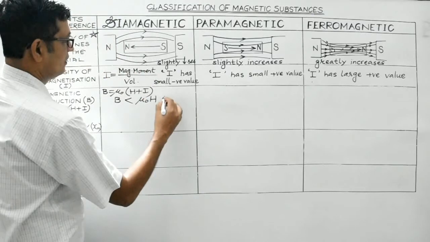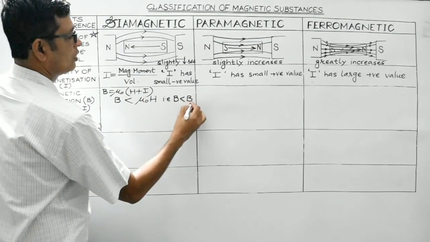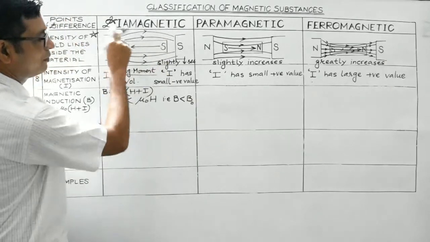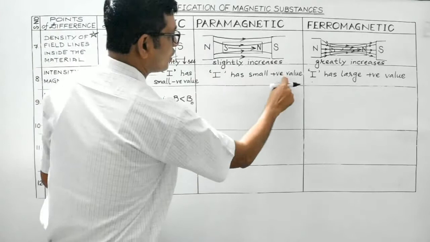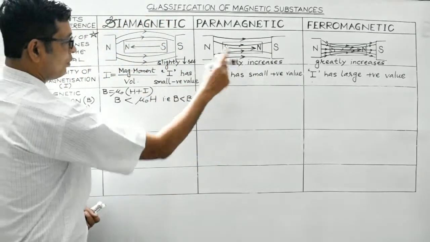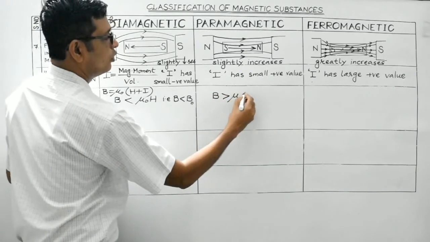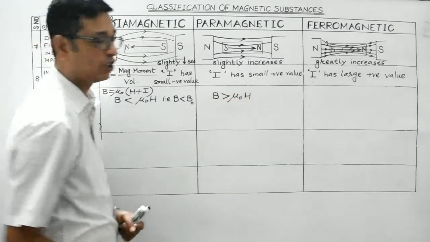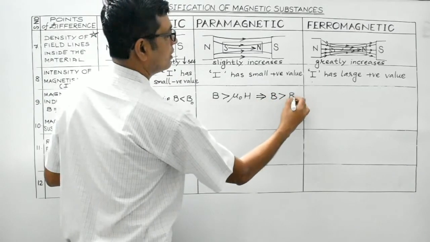That is, B is slightly less than B naught. So that is what this diagram suggests, right? Over here, I has got small positive value. So here obviously B would be greater than mu naught H. Mu naught H is B naught, therefore it suggests that B is greater than B naught.